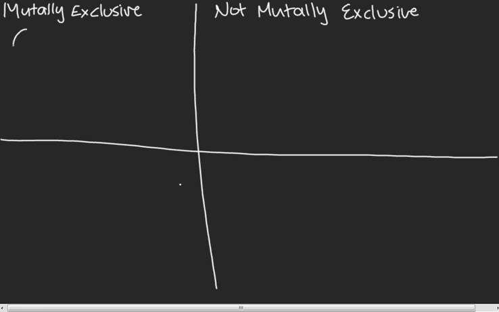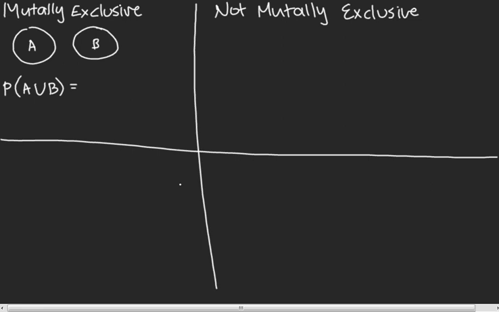So when we're dealing with mutually exclusive, is this an or situation or an and situation? It's an or situation. So we're dealing with the probability of A or the probability of B. When they're mutually exclusive, how do I find the probability of A or B?